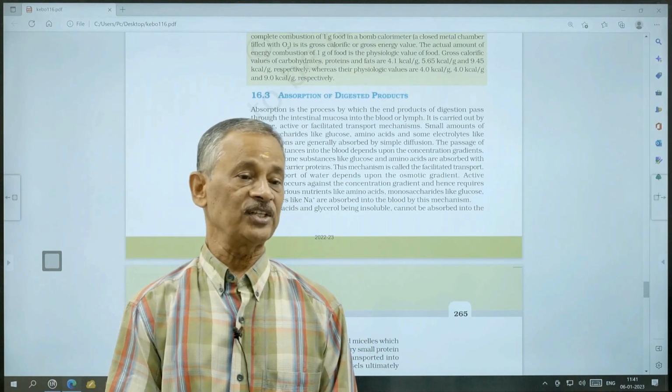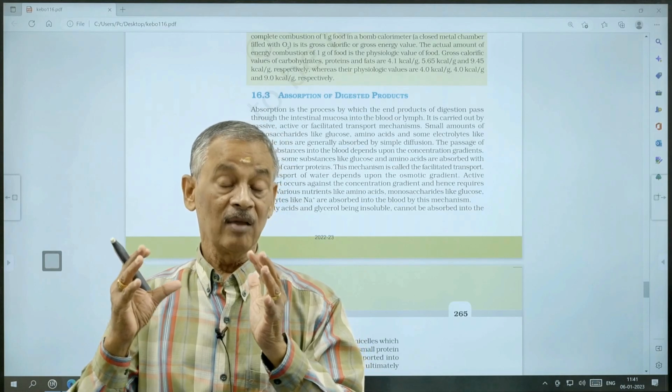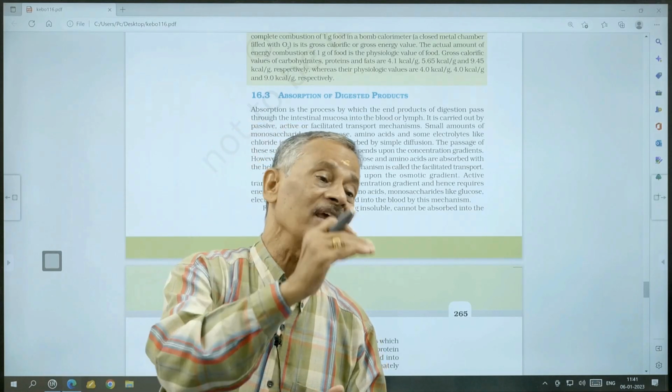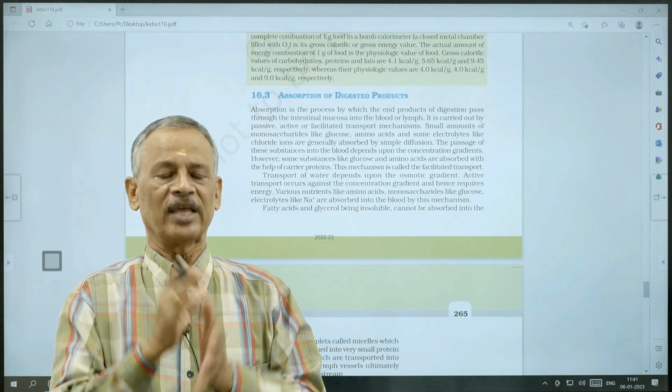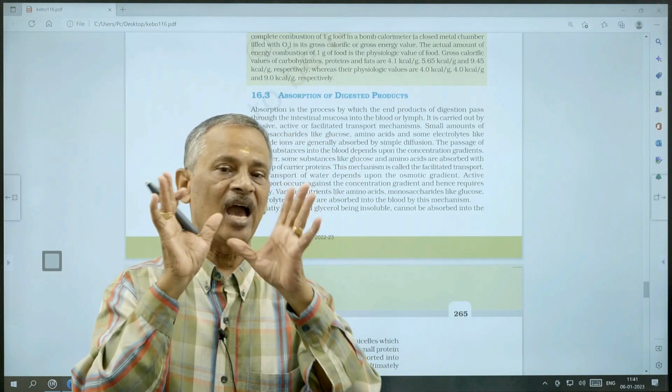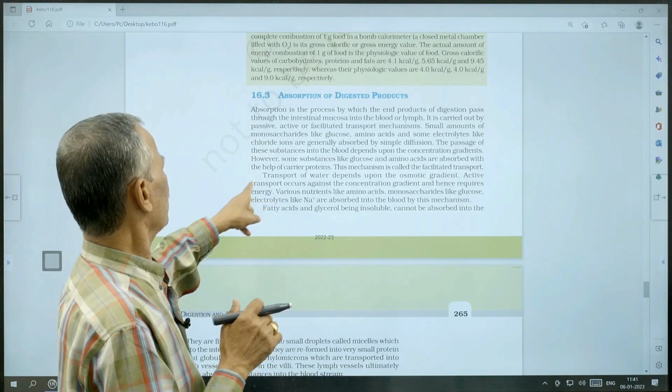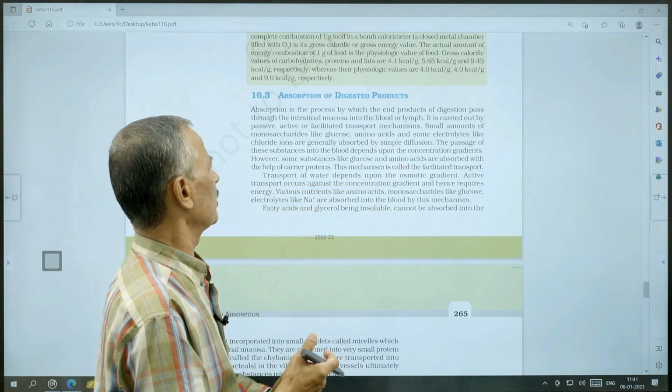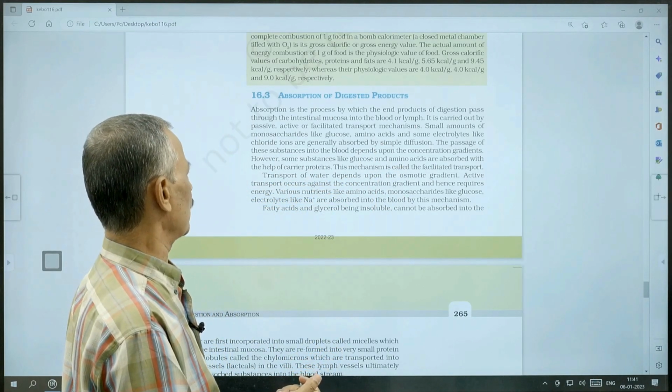What is facilitated diffusion? Diffusion which is assisted by a carrier protein. There is somebody to assist, that is called a carrier protein. This carrier protein will be helping them. That is what is called facilitated diffusion.